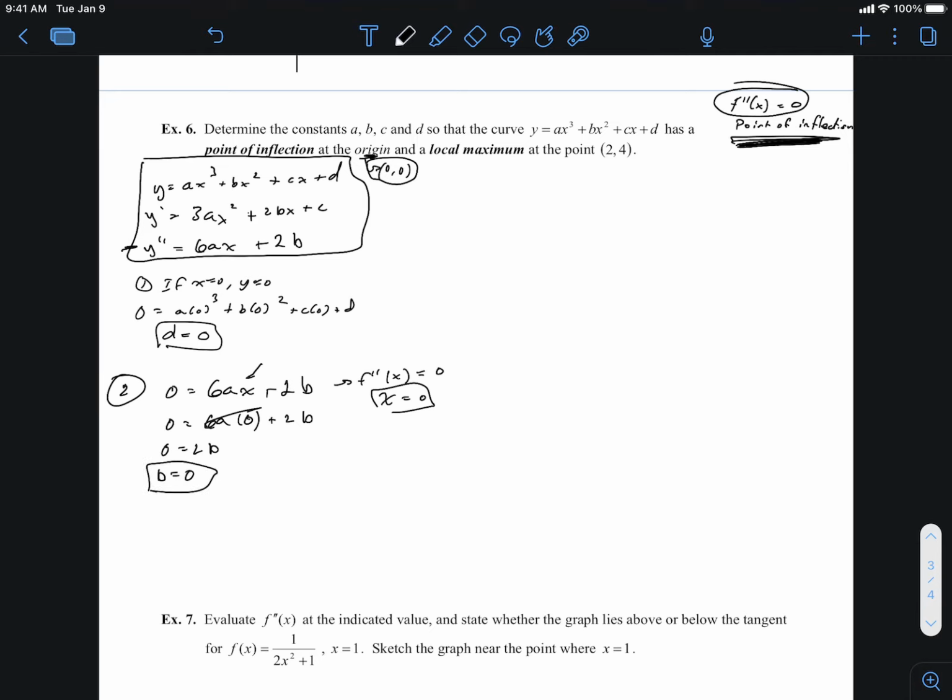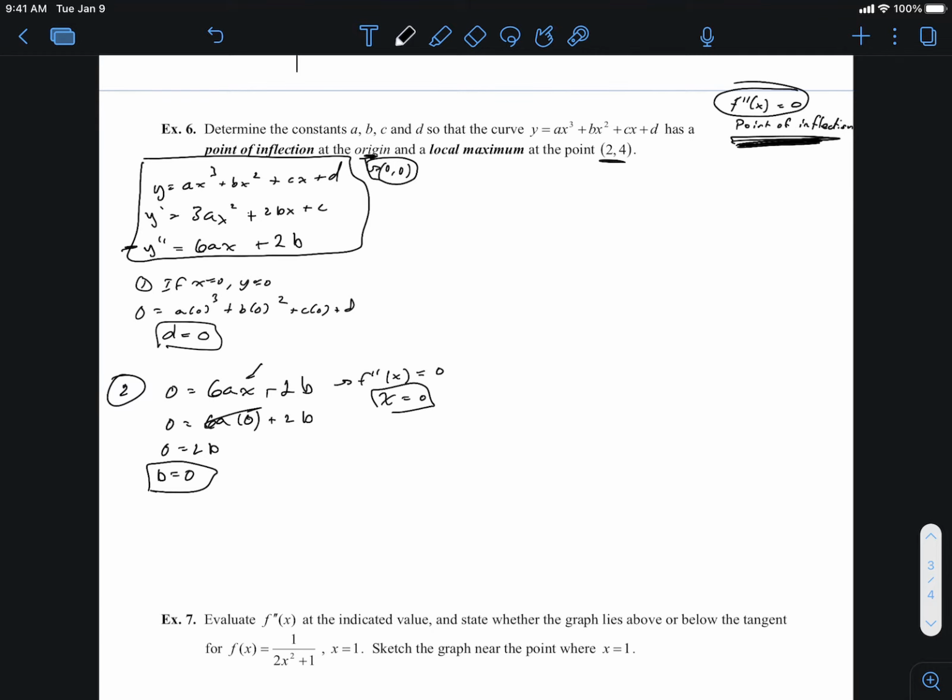Okay? Now, we know, because it told us, that there is a local maximum. There's a local maximum on this graph at this point. It told us explicitly. Again, it's told us in a point on the graph. So use the original equation to see what you can get out of it.